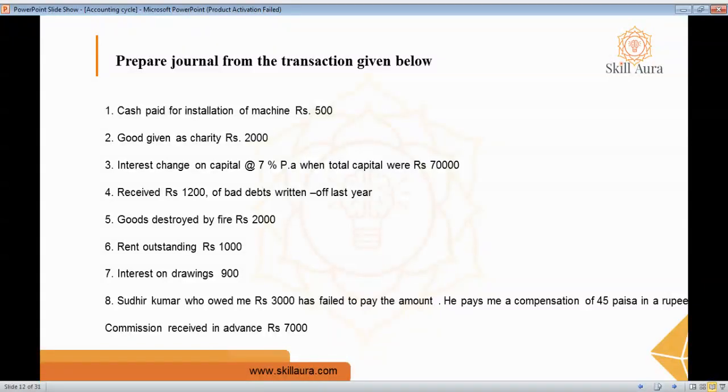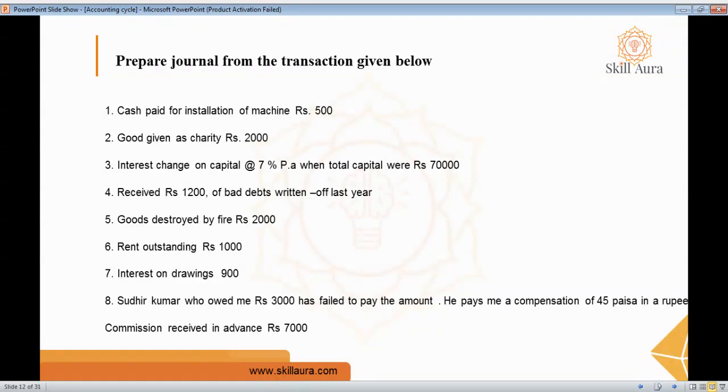Here the transaction will be: debit cash account 45 paisa and debit compensation expenses 255 paisa. When we add both, we get 3000 rupees.